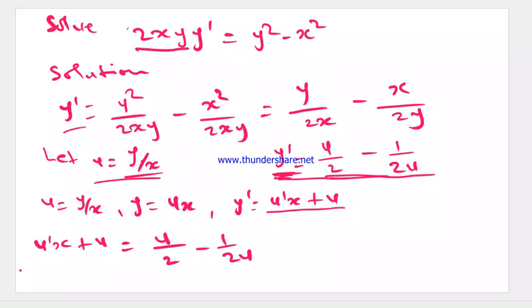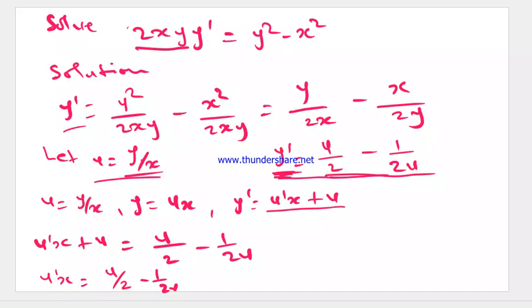When you simplify that, you are going to have u prime x equals u over 2 minus 1 over 2u minus u. That will simplify to minus u square minus 1 all over 2u, and that is minus u square plus 1 all over 2u. So that is our u prime x.